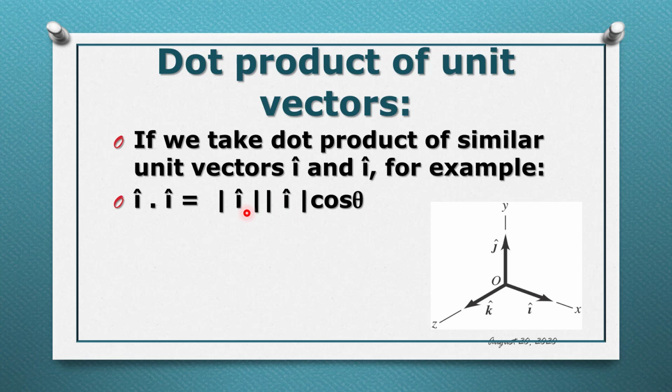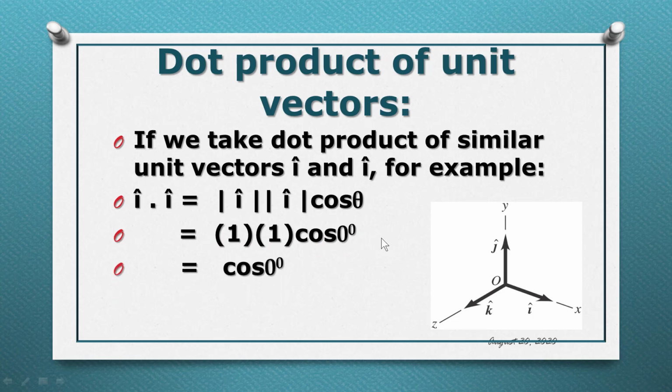So we put in all these values: 1, 1 and cos of 0 degrees, and we know that cos of 0 degrees is again 1. So we will say that i hat dot i hat is equal to 1.